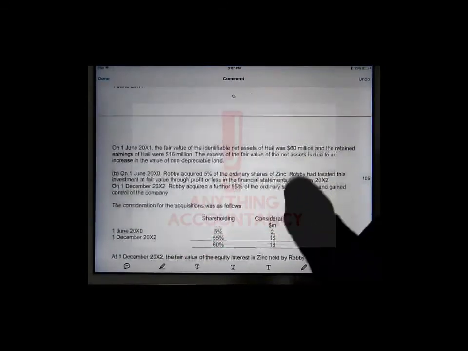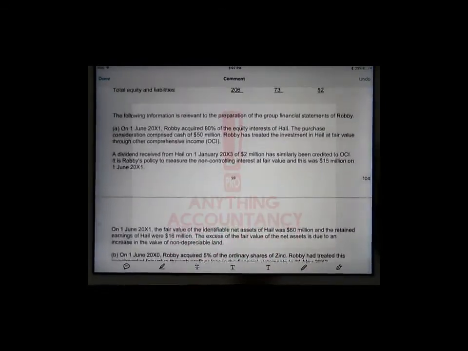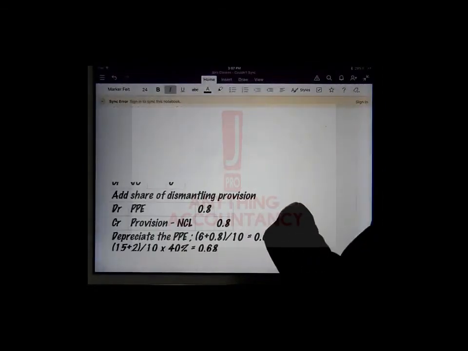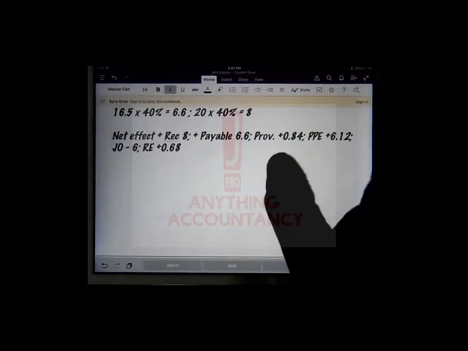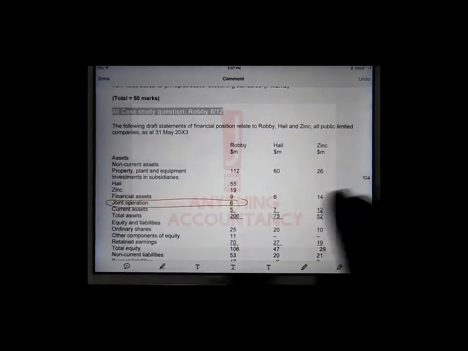Now let's move on to the next part of the question. The next part of the question basically asks you to account for 2 things here. It shouldn't be a problem. I think you should be able to set this up very fast. Group structure. We've got Hail and Zinc.